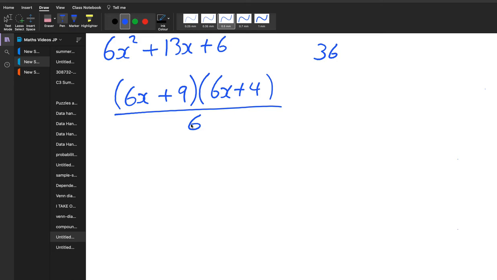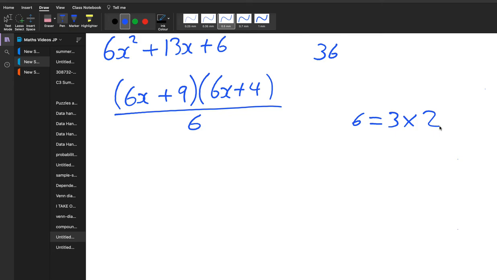So we see here that on the left, the 6x and the 9, they can both be divided by 3. And on the right, the 6x and the 4, they can both be divided by 2. So we're going to divide one of them by 3, one of them by 2. That's convenient because 6 is equal to 3 times 2. So the 3 is allocated to dividing the 6x plus 9, and the 2 is allocated to dividing the 6x plus 4.